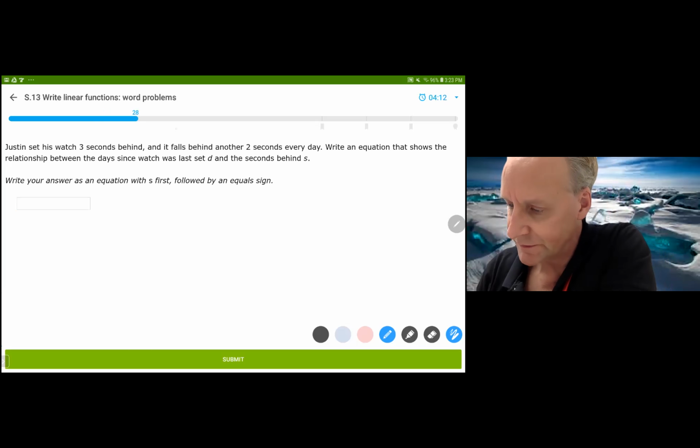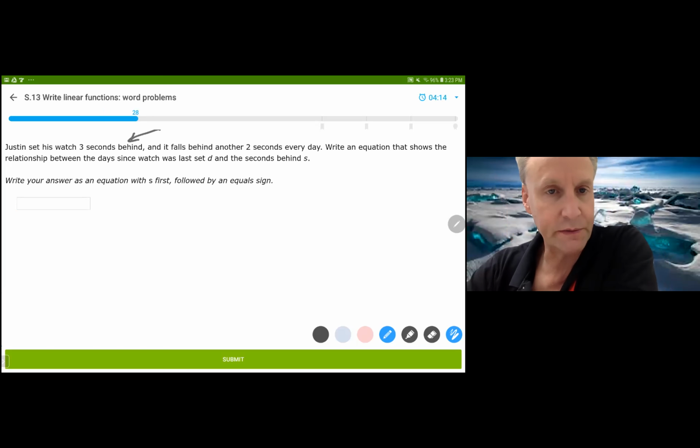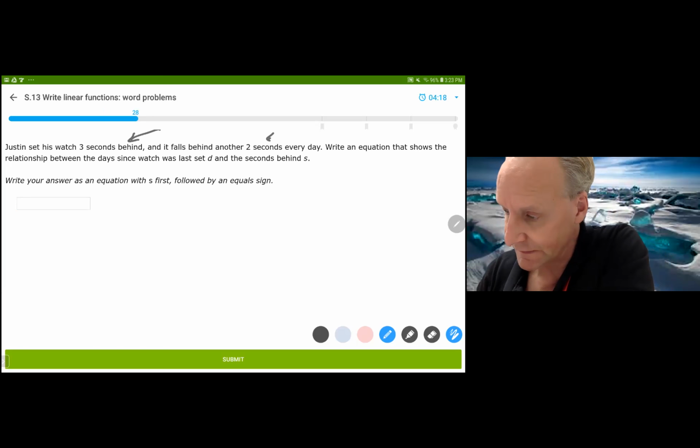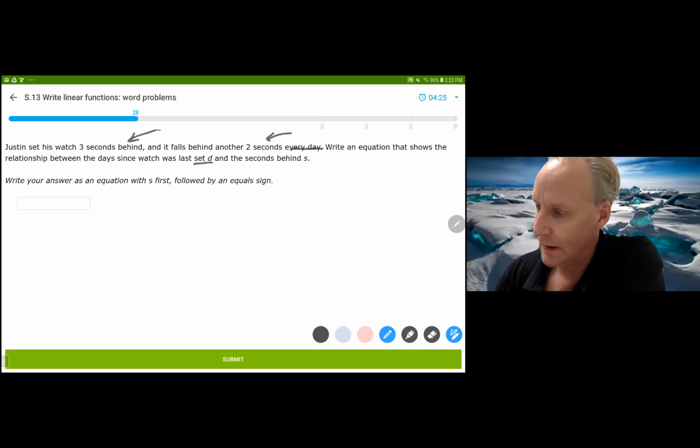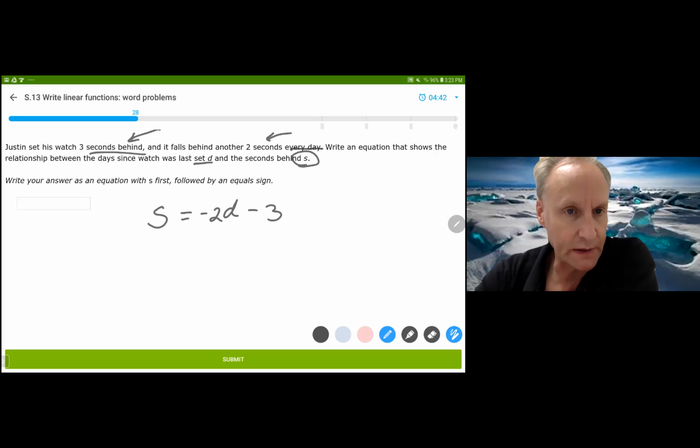Justin set his watch 3 seconds behind, so it's probably going to be -3. It falls another 2 seconds, that's a -2 every day. So it looks like D is the number of days and S are the seconds you're behind. And S are the number of seconds it's behind, -2 seconds every day that goes by, also minus the 3 seconds it was behind originally.